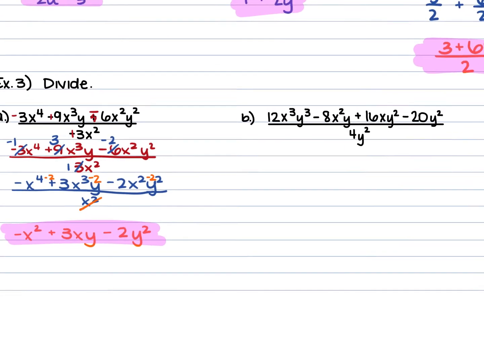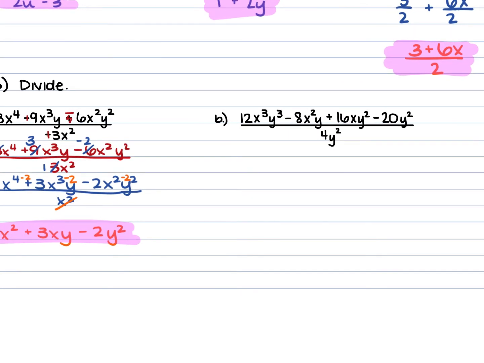For example B, we have 12x cubed y cubed minus 8x squared y plus 16xy squared minus 20y squared all over 4y squared. So looking at your numbers, you have a 4, a 12, a negative 8, a 16, and a negative 20. Ask yourself, are the 12, the 8, the 16, and the 20 all divisible by 4? In this case, yes, they are. So you can divide out a 4 from each of those numbers.